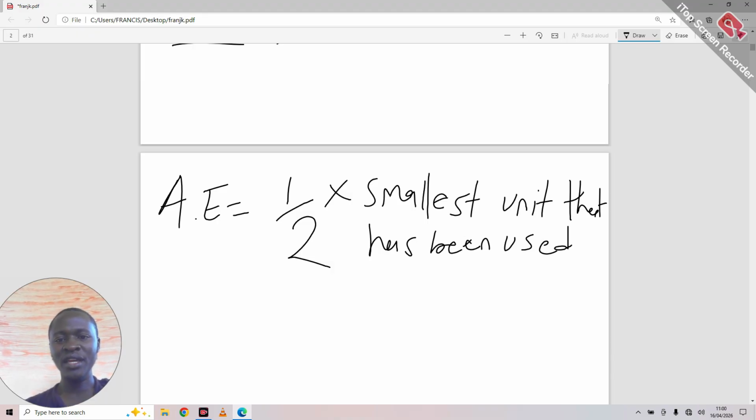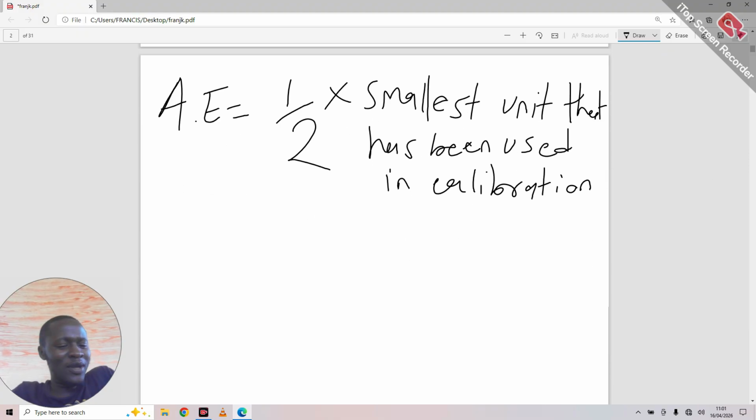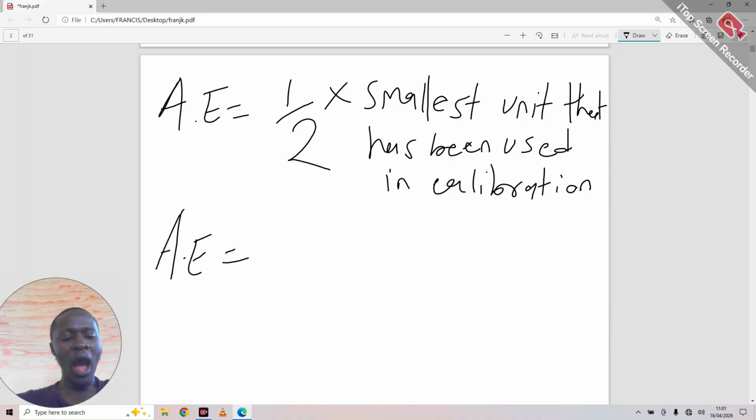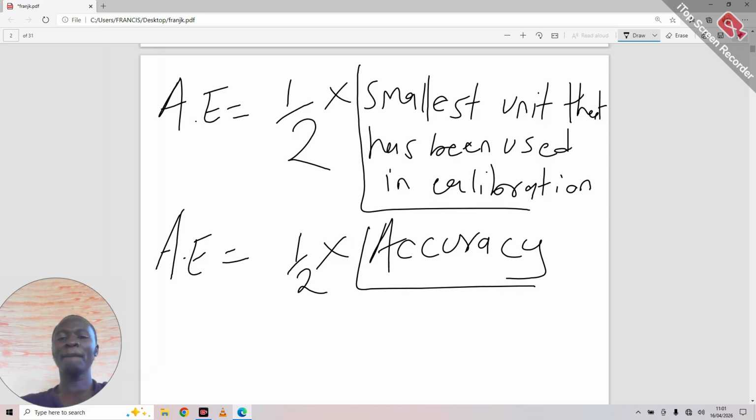A physics student will understand this. But what if I'm not doing physics? Then have it this way: absolute error is equal to a half times accuracy. Remember, these two mean the same thing.